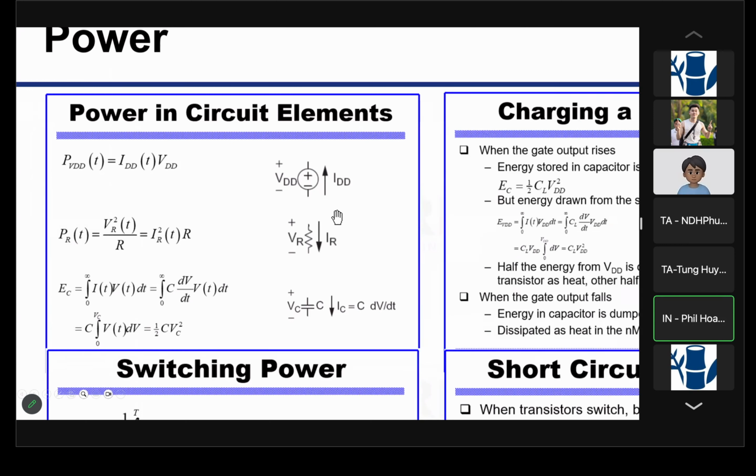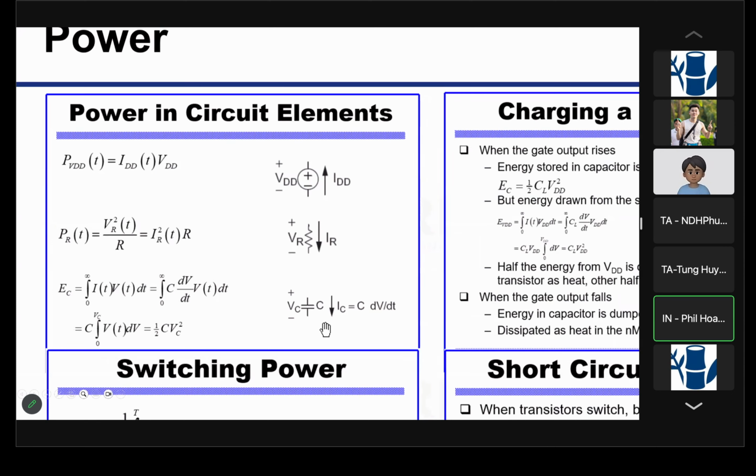And if there's a resistor, then power dissipation, power consumption is I squared times R. The power is equal to V squared over R. So it's I squared R. So this is power dissipation through a resistor.